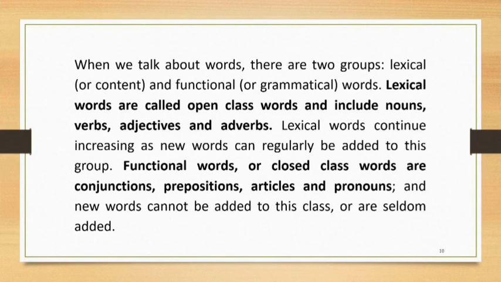So functional words are closed words, and they are conjunctions, prepositions, articles, and pronouns, and new words cannot be added to this class, or are seldom added, very rarely added, I must say.